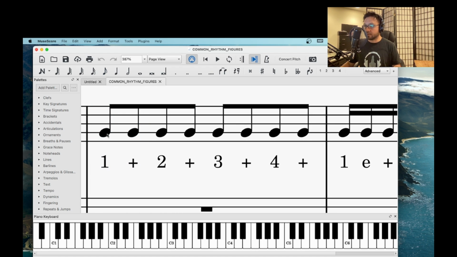So how do you count this? First, this would sound something like this. Ta, ta, ta, ta, ta, ta, ta, ta. With the keyboard. 1 and 2 and 3 and 4 and. Easy enough.